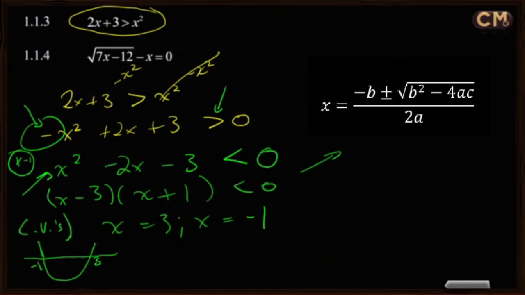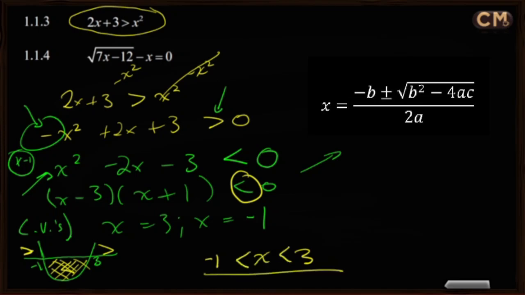Now how do we read this? Well, everything above this little axis is positive, everything beneath it is negative, and we want the stuff underneath, which means we are dealing with that continuous area between negative 1 and 3 as our boundary values. And of course, that is the final solution.